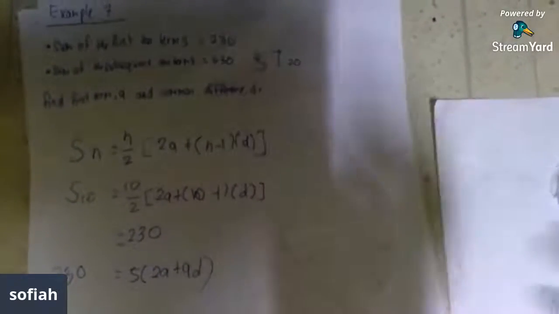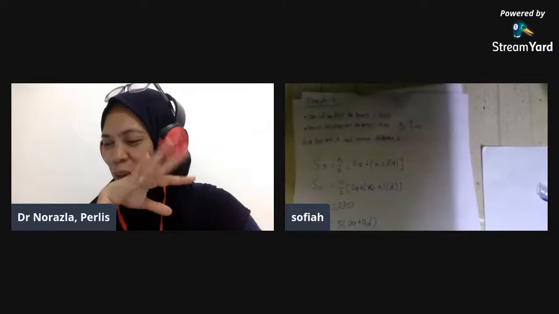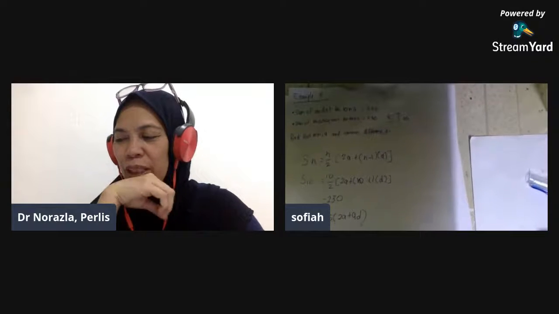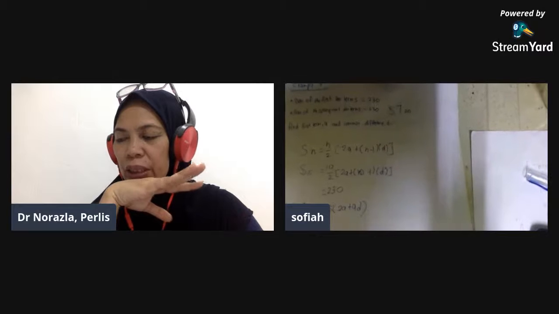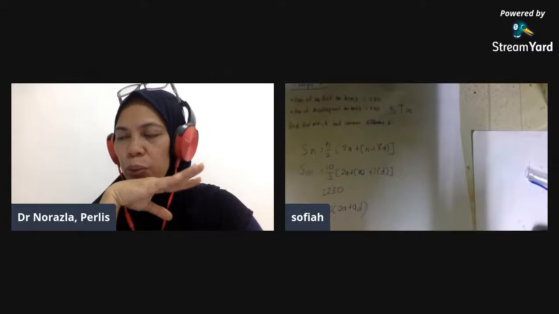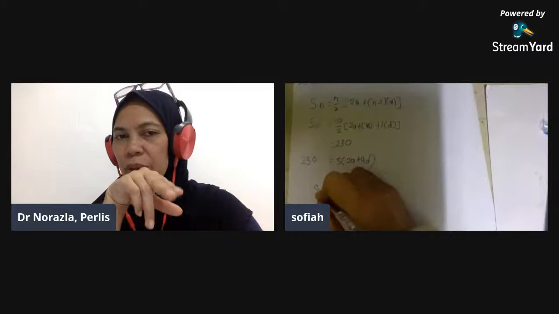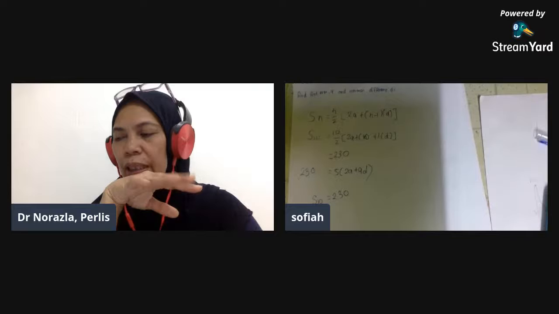Oh, wait. Okay. Because the working looks messy, even though it is like that in the book, many people will not understand. So we need to extract the first information which is S10 equals 230. Write that first. Yes, that is the first step you need to do before you explain how to substitute it.